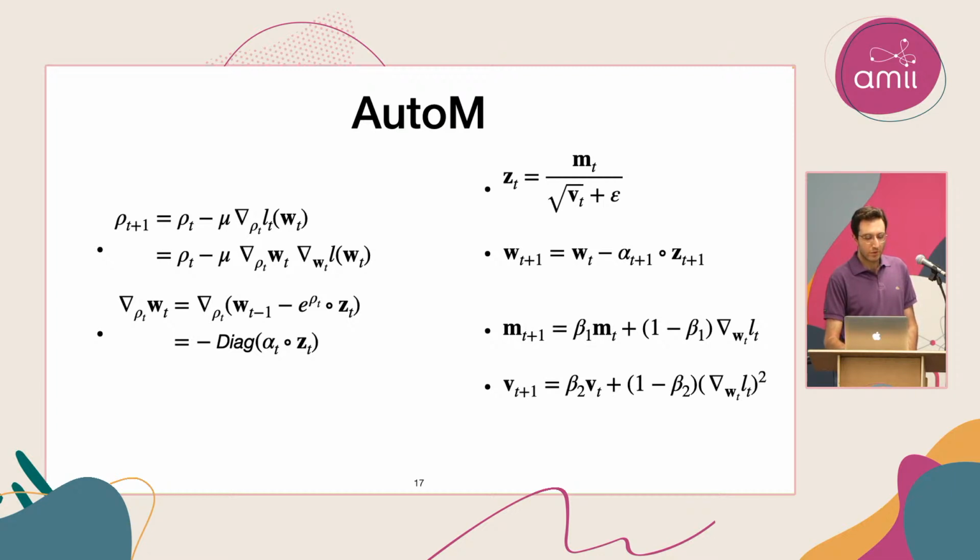Then if you plug this back into the above update, you get this step size update rule. And then we add Adam's running averages on top of this. I see. Thank you. Yeah, of course.